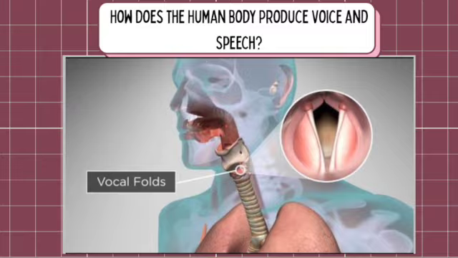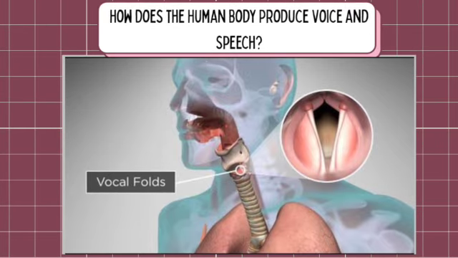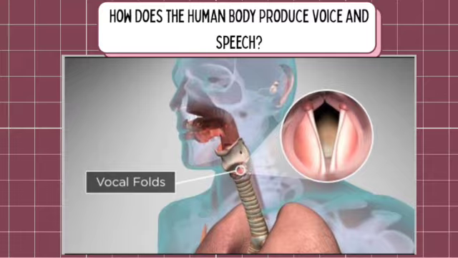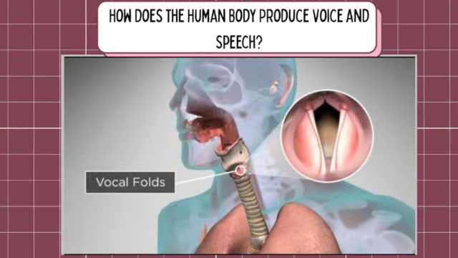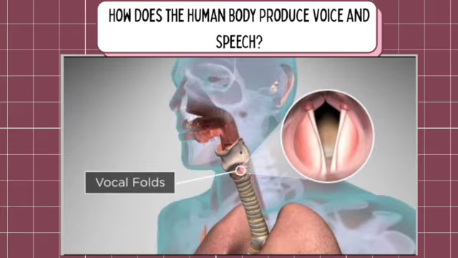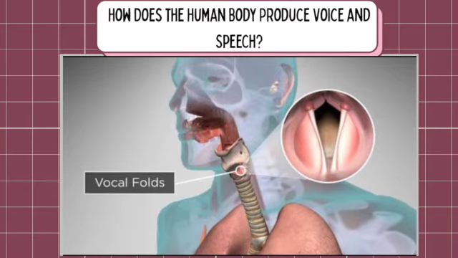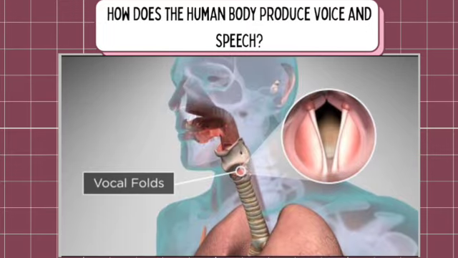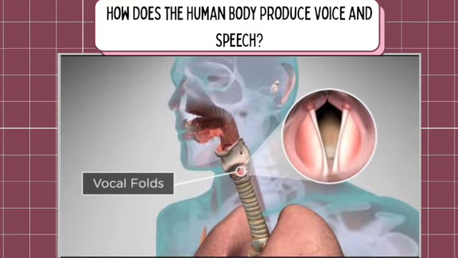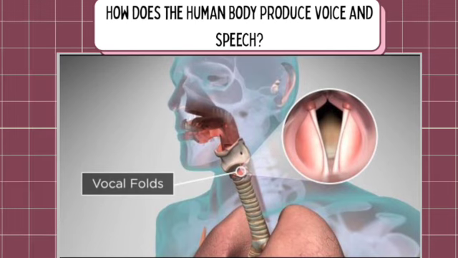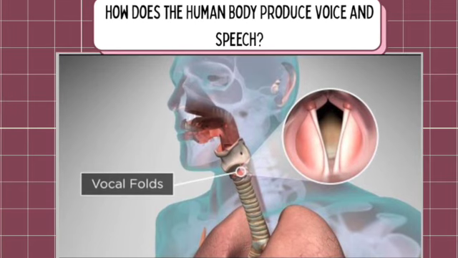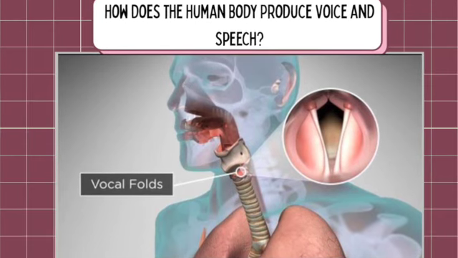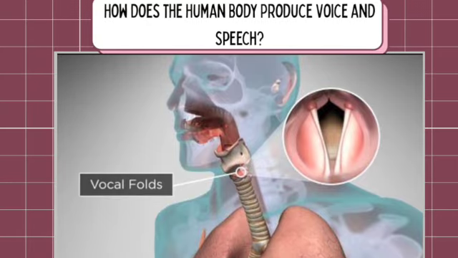The sound then travels into the resonating spaces, the pharynx, oral cavity, and nasal cavity. The velum decides whether the sound is oral or nasal. When it lifts, we produce oral sounds. When it lowers, we produce nasal sounds such as m and n. Then articulation shapes the sound. The tongue and the lower lip move toward the teeth, alveolar ridge, or palate to form different consonants and vowels.